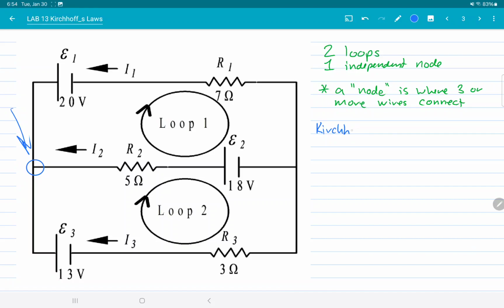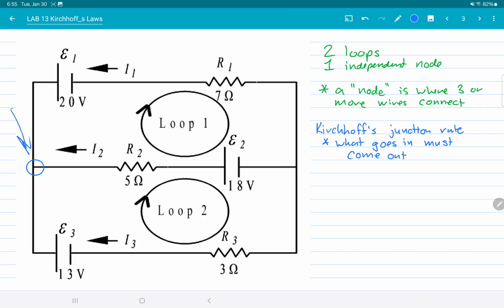That's why I wasn't looking right earlier. Kirchhoff's junction rule. Now, this is the one that we talked about in class. What goes in must come out.